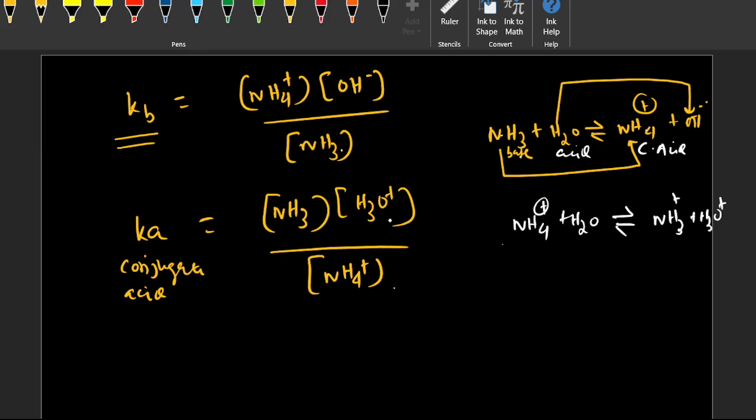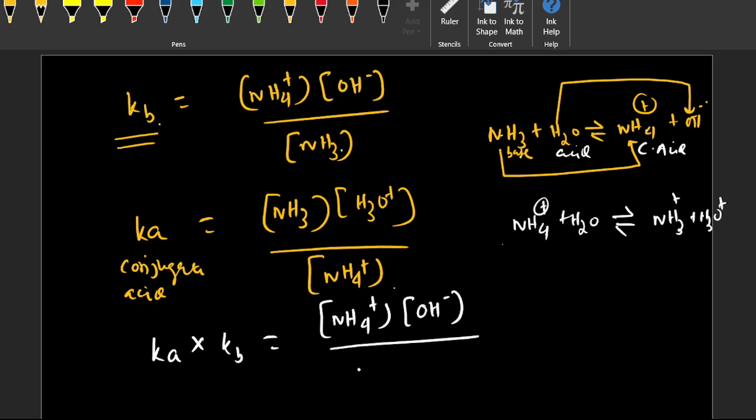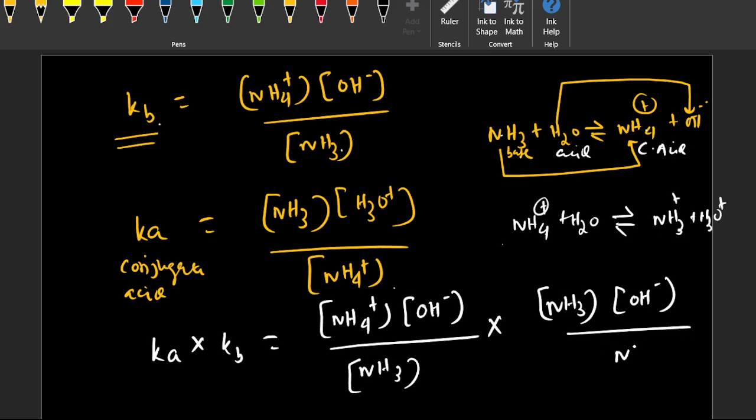So if I multiply the Ka of the conjugate acid of this base by the Kb of that base, what do I get? Just multiply it. This NH4 plus and this NH4 plus cancel, and this NH3 cancels. So what remains?